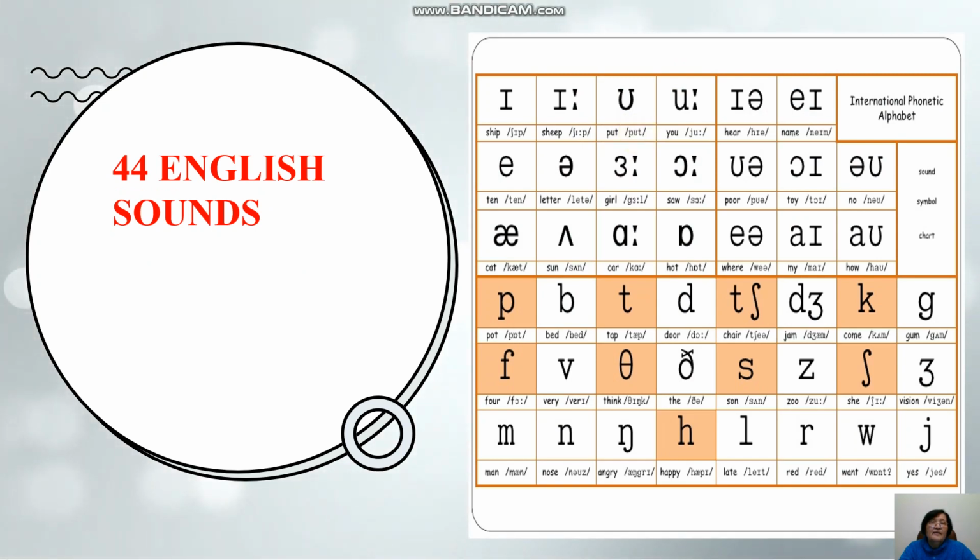Now look at the table. There are 44 English sounds. Here you should remember the difference between short and long vowel sounds. If you pronounce a short sound longer, the meaning of the word changes.